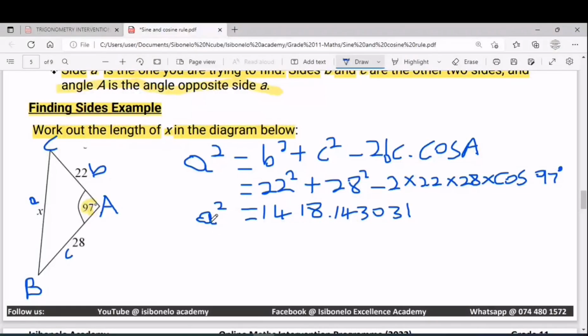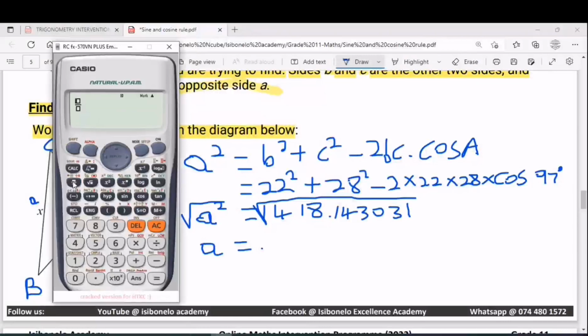So angithi sifuna u-A la, so sizo introducer i-square roots bese siyamthola ke u-A, not u-A squared. So square root of 1418,143031.